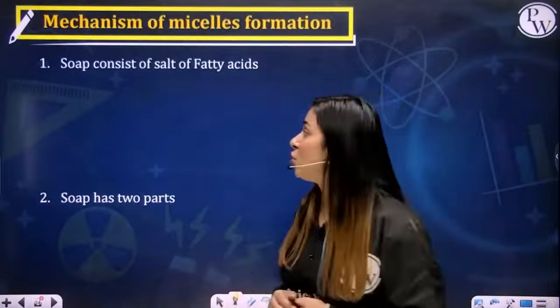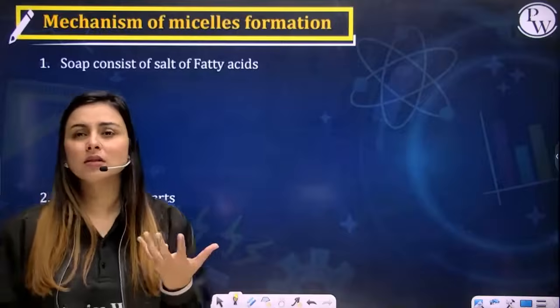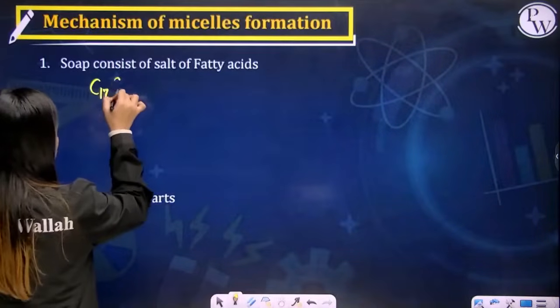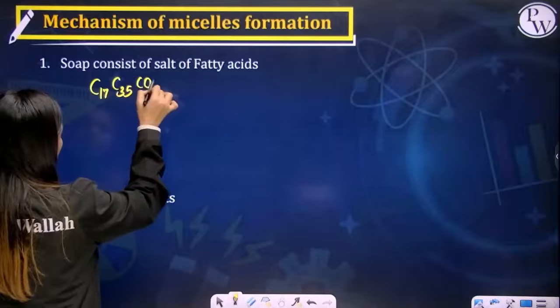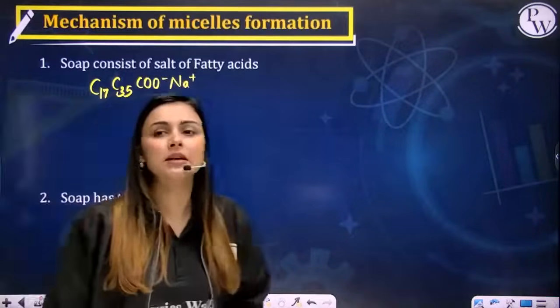Whenever you talk about soap, it has a formula. Let's take an example of a soap, C17H35COO negative Na positive. This is a type of soap known as sodium stearate.